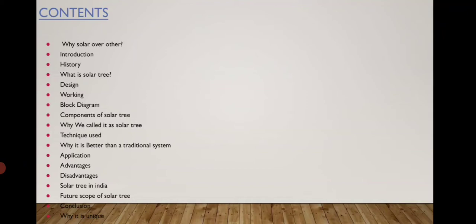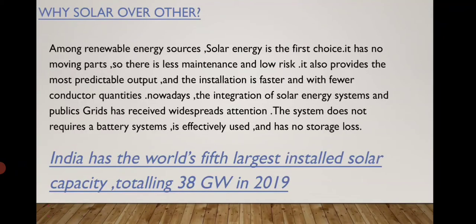Then I am discussing about why solar over others. Among renewable energy sources, solar energy is the first choice. It has no moving parts, so there is less maintenance and low risk. It also provides the most predictable output, and the installation is faster and with favorable conductor quantities.